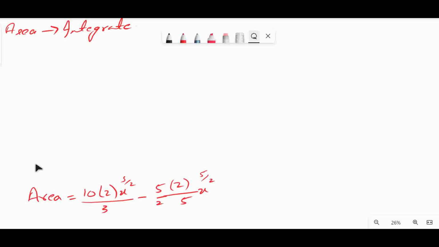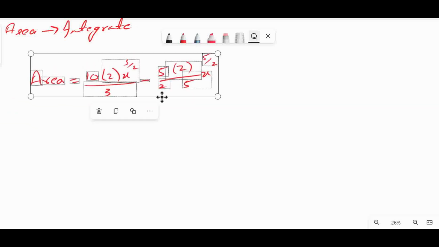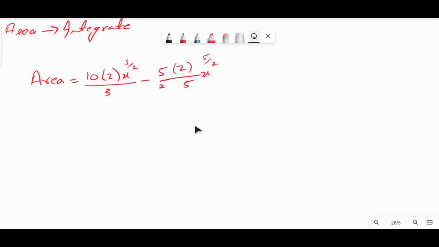Okay, so this is the answer. We have to simplify it. So area will be equal to 20x^(3/2) divided by 3 minus x^(5/2), because from here we can see that we can cancel out these two.